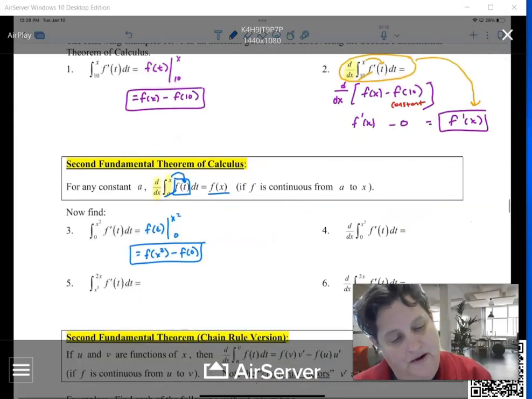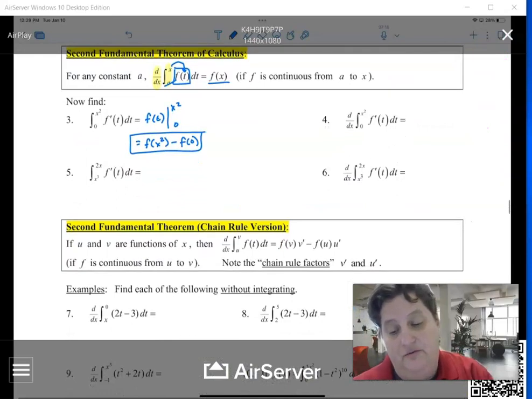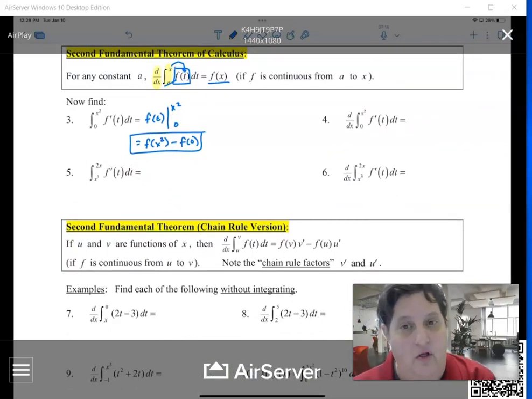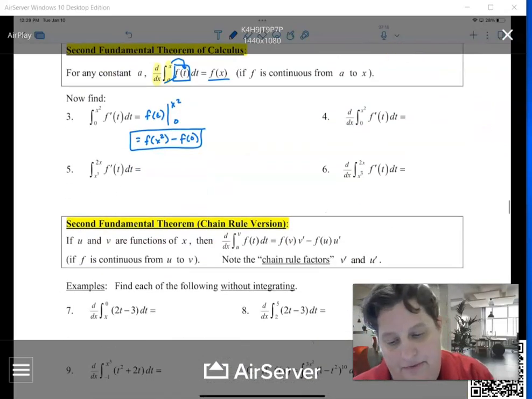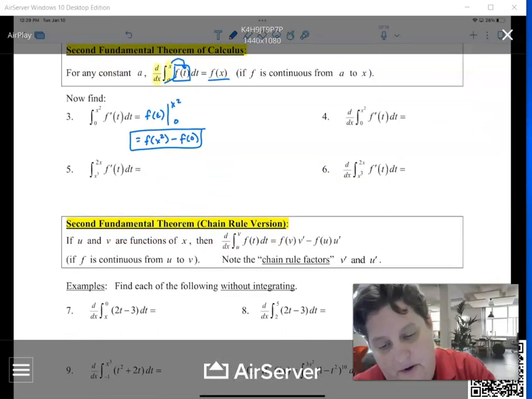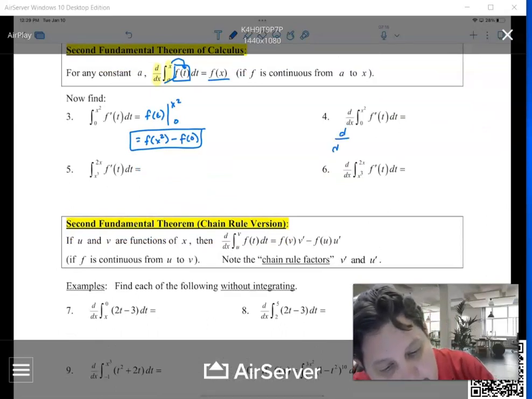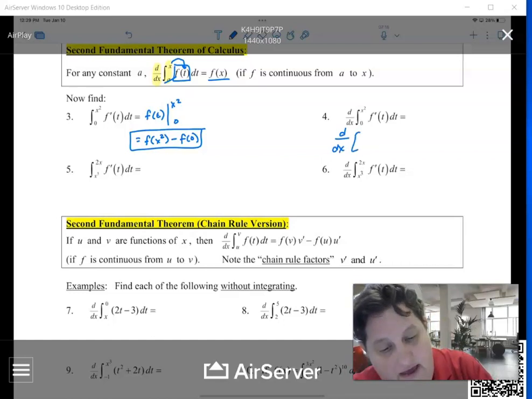Okay? Now this is saying take the derivative of that. Now the long way that I was showing you before is, well, what would the derivative of this be? Okay. So let's take the derivative of f of x squared minus f of 0. All right?